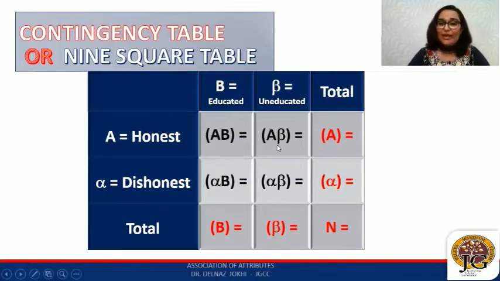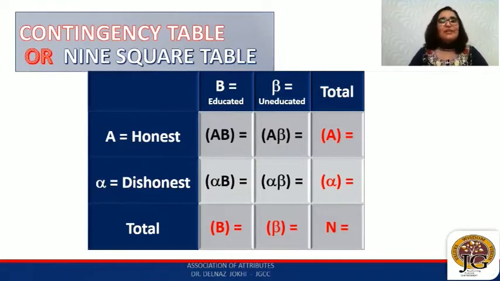What is A beta? A person is honest but uneducated. What does alpha B mean? A person is dishonest but is educated. What does alpha beta mean? A person is dishonest, that is alpha, and the person is also uneducated. So dishonest hua alpha, uneducated hua beta. So that is why alpha beta frequency is shown over there.